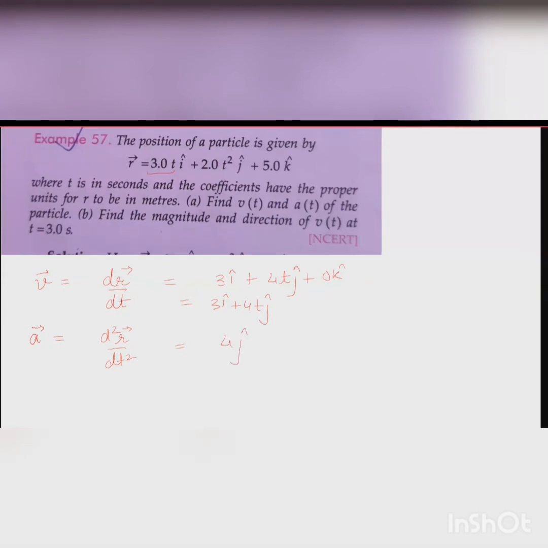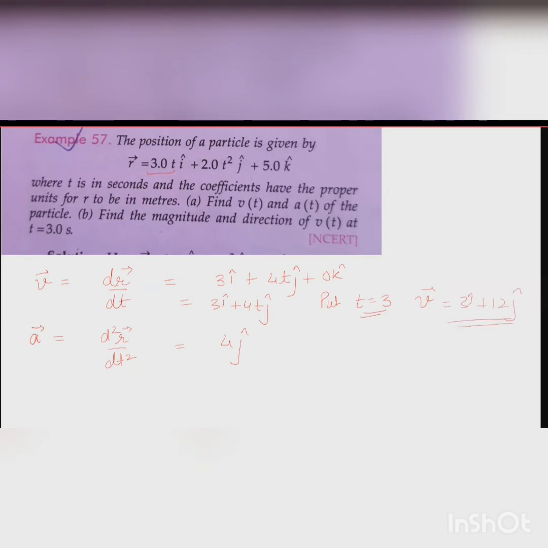Now you have to find the magnitude and direction of velocity at t equals 3 seconds. So basically we put t equals 3 seconds in the expression. So what do I get? The velocity vector reduces to 3i hat plus 12 j hat.